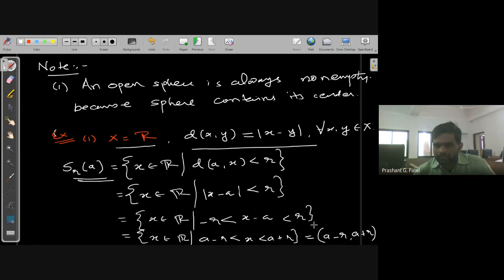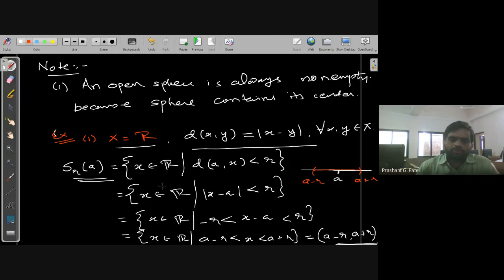What is the open sphere? It is actually a neighborhood of a with radius r. Geometrically, if this is your point a, then a minus r to a plus r is the open neighborhood, or open sphere, of this point a in R. So I can say an open sphere in the real line is a bounded interval.